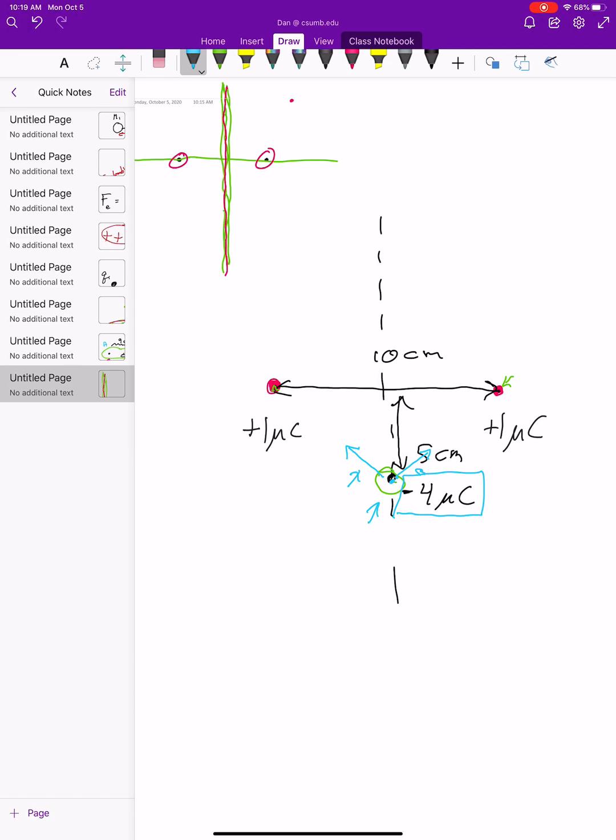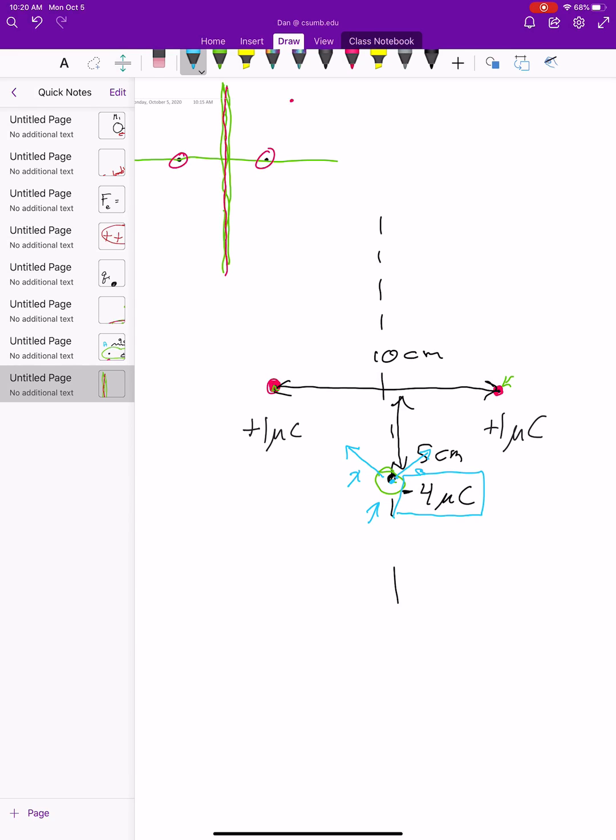Conceptually, that's a really important problem to consider: I have to add those two blue arrows together to get the overall resultant force that the negative 4 microcoulomb charge is going to experience as a result of its interactions with the other two positive charges.